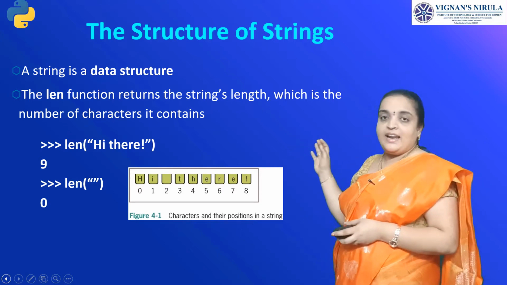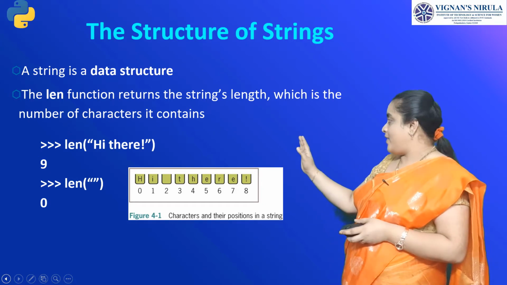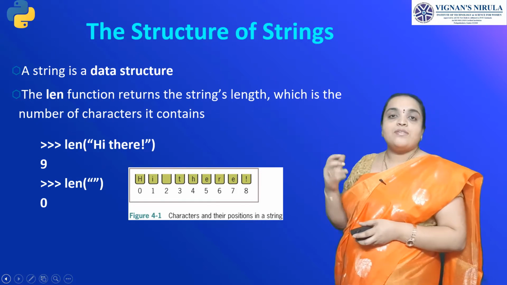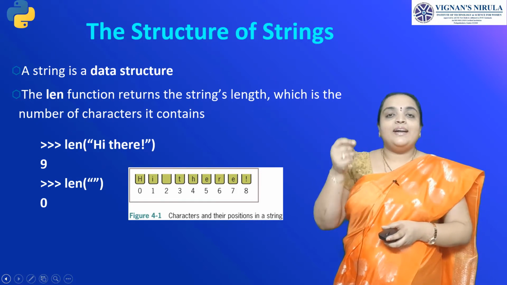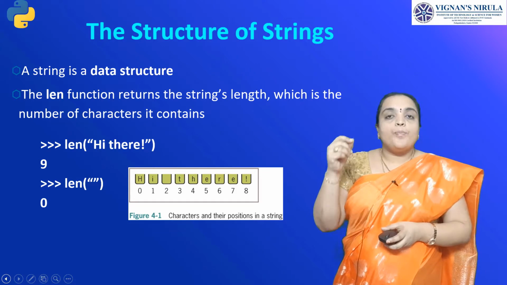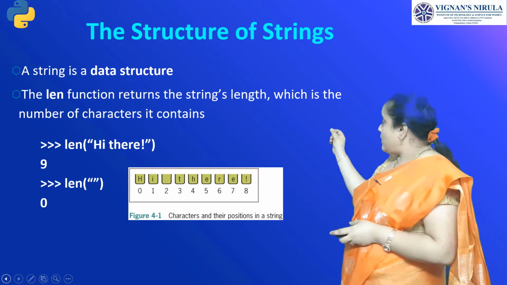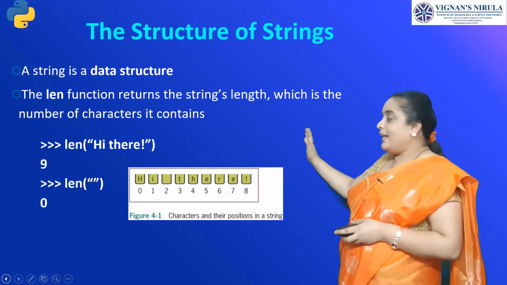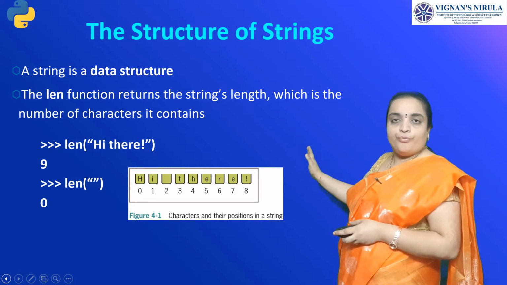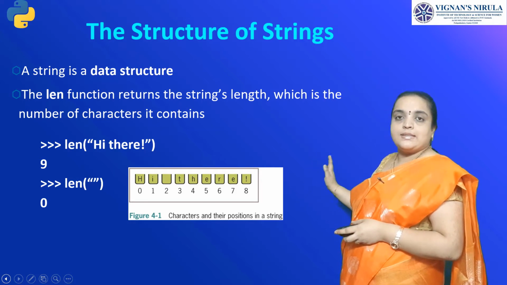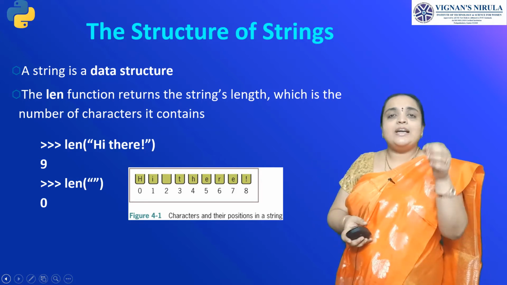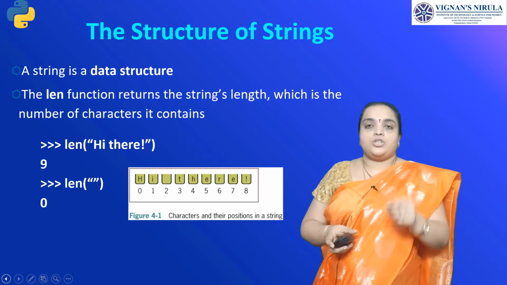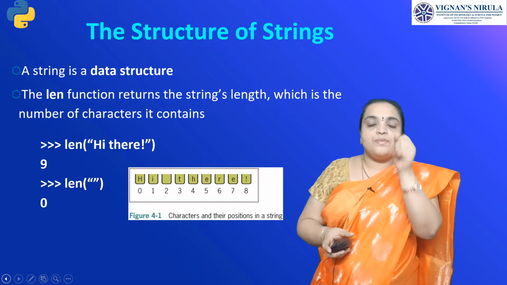Here, if you have seen, "hi there" is represented in the form of indexes. How are the indexes given to the string? H will occupy the index 0, I will occupy the index 1, space will occupy the index 2, and then T, 3, 4, 5, 6, 7, 8. So each and every character in the string will occupy an index position, like arrays in C programming.